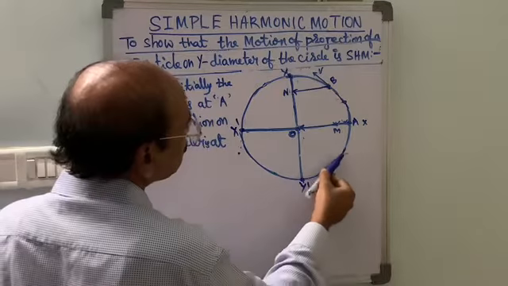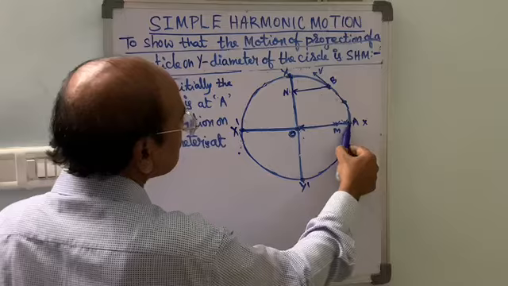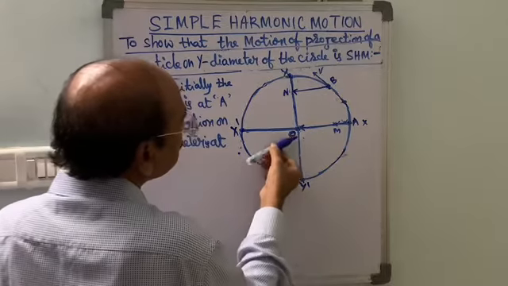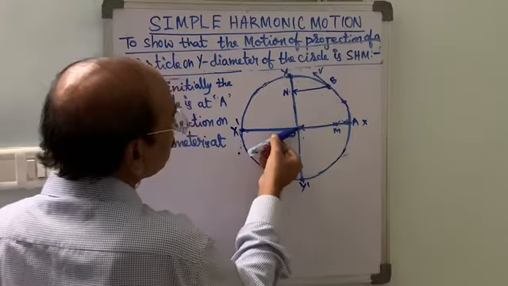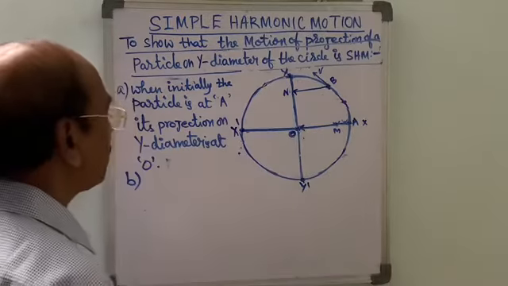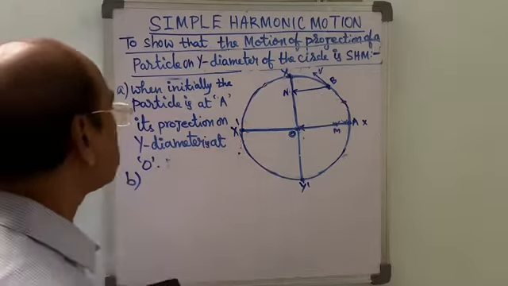And when the body moves from Y dash to X, the tip of the projection moves from Y dash to O, and again reaches the same starting point, and then the motion repeats.